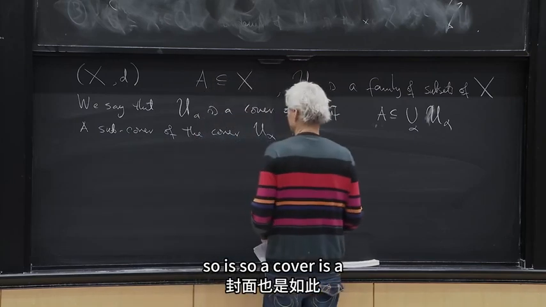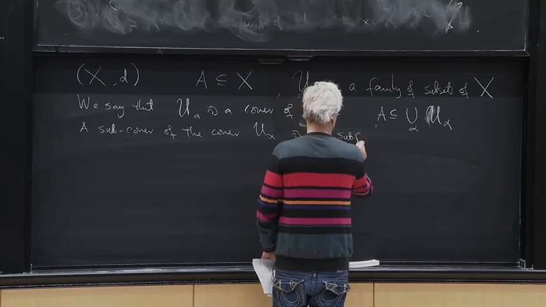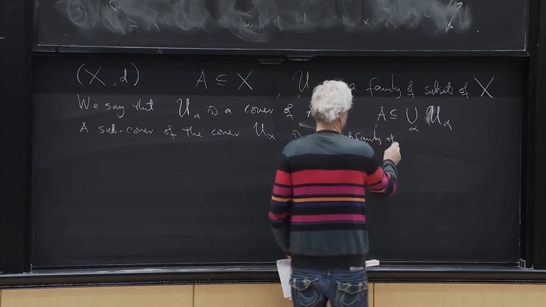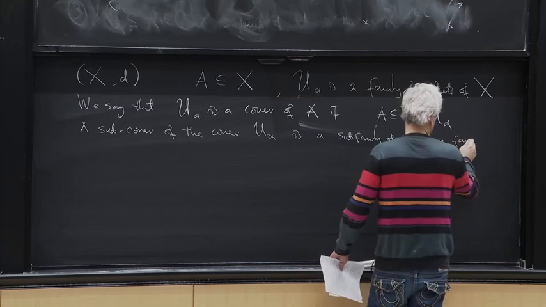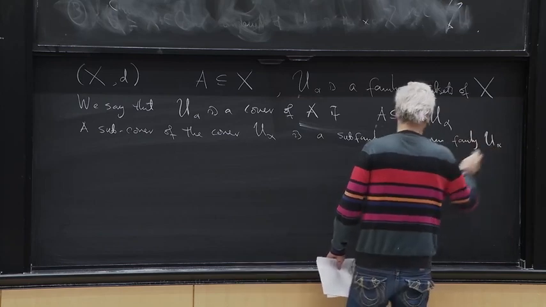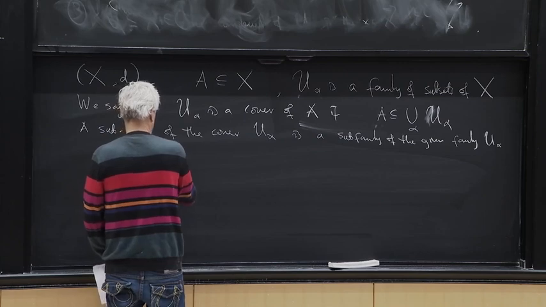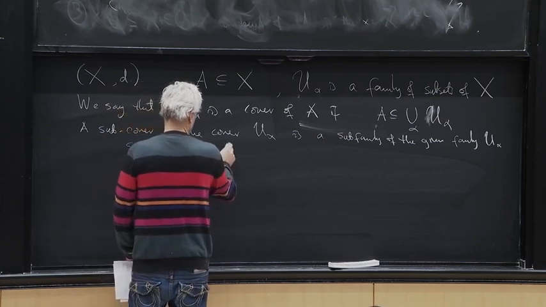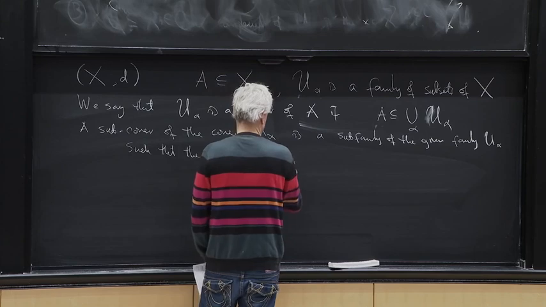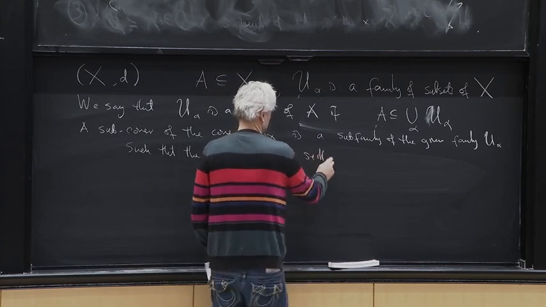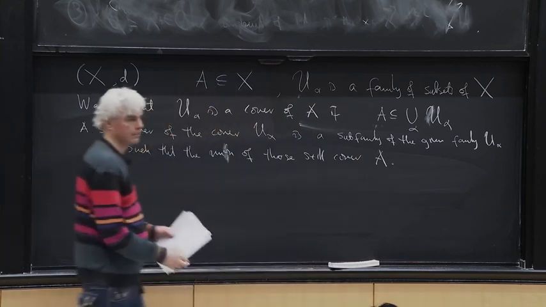So a subcover is a subfamily of the given family U alpha, such that the union of those still covers A. Okay.